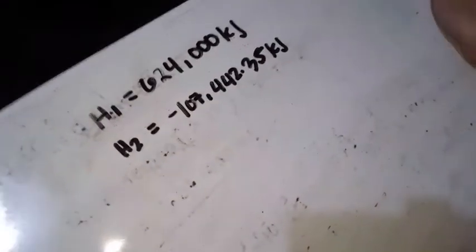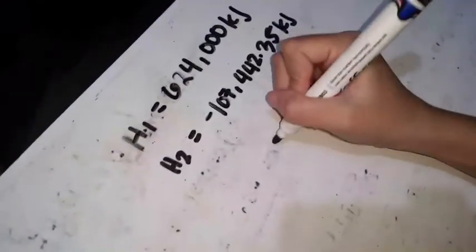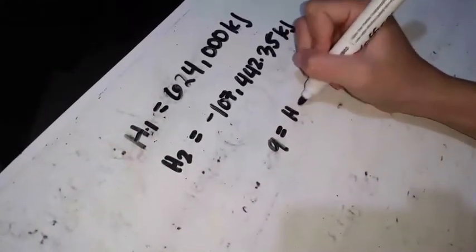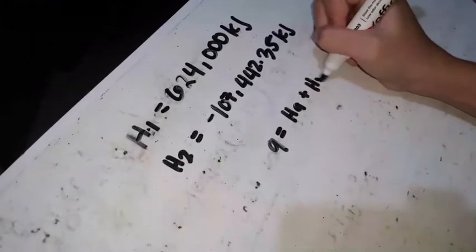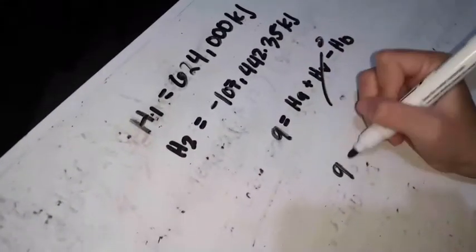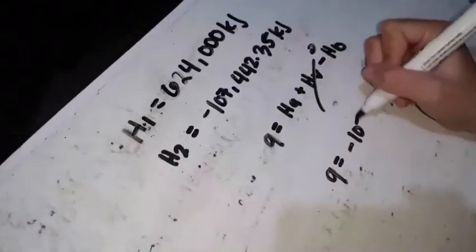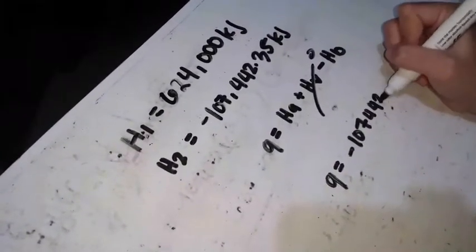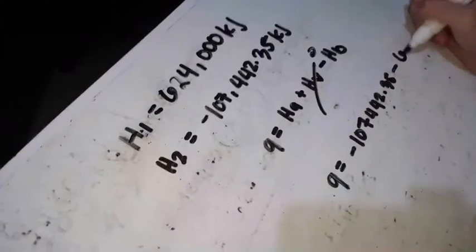107,442.35 kilojoules. So to solve for Q, at equilibrium, the heat of crystallization is equal to the negative of the heat of solute. We have Q = HA + HV - HB, where HV is equal to 0, since we are only solving for the total heat absorbed.